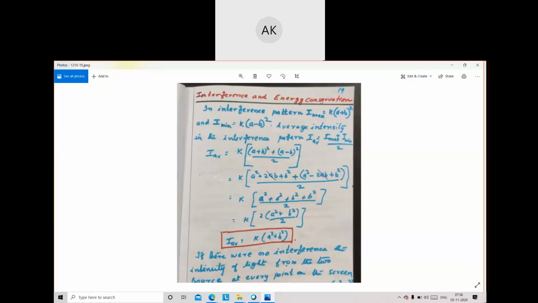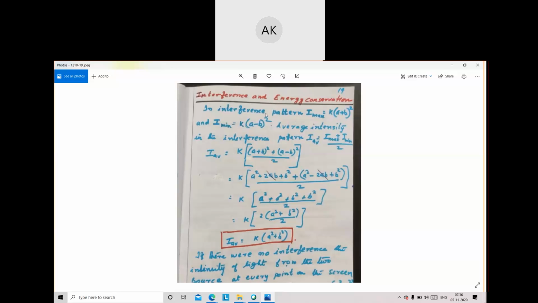What is energy conservation? Energy can neither be created nor destroyed. It can only be transferred from one body to another or transformed from one form to another. Total energy is always constant.